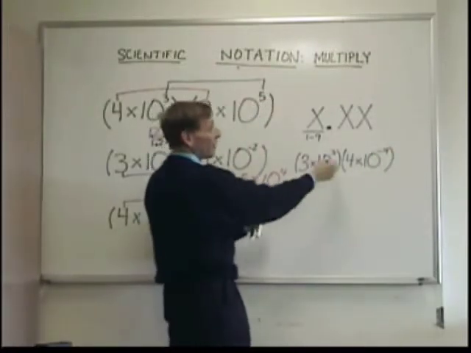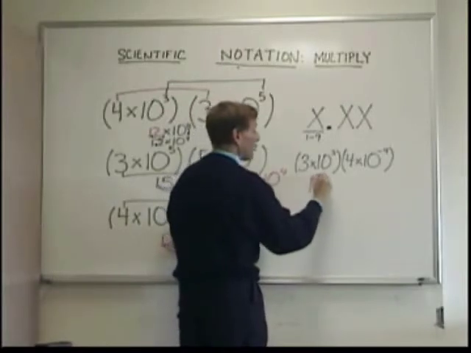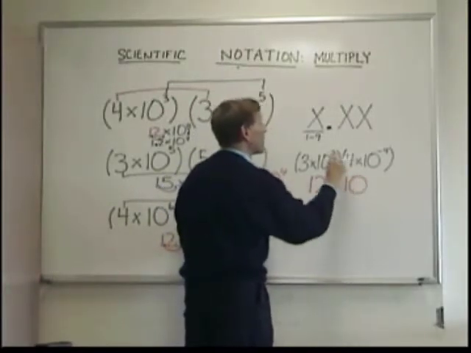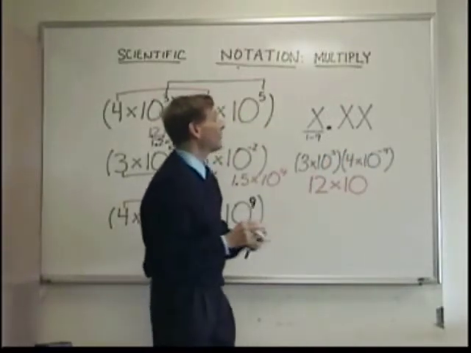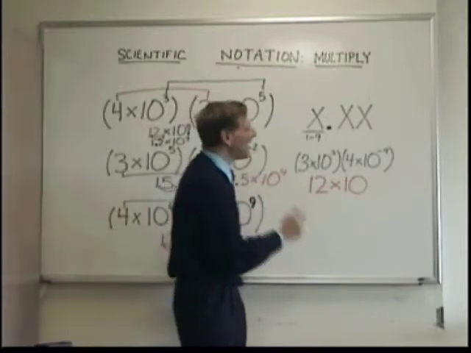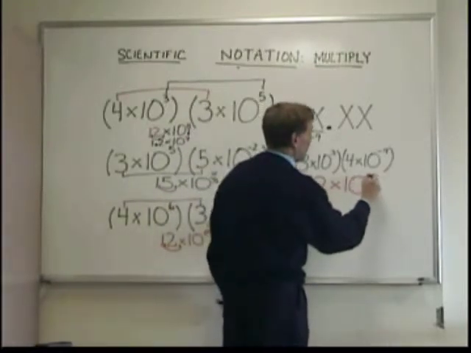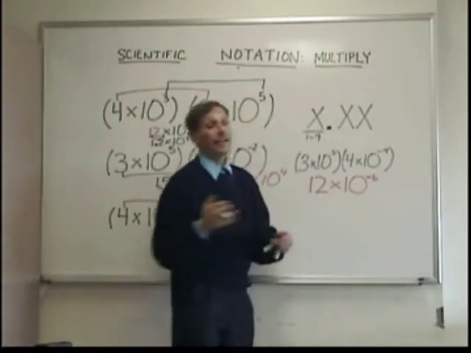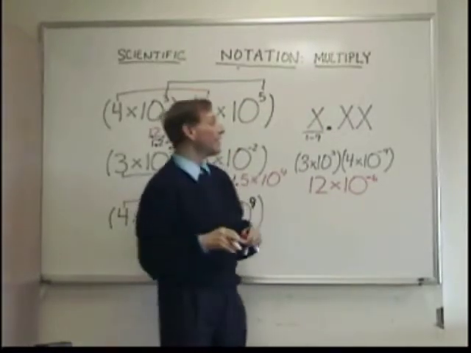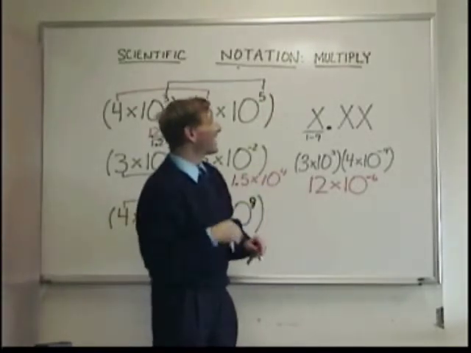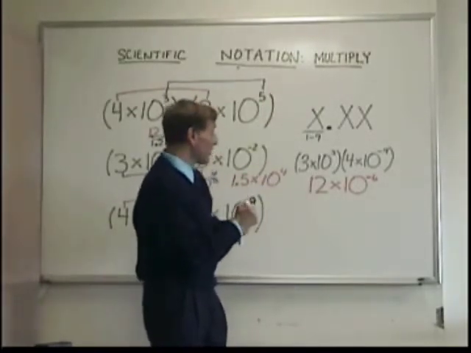Same rules. 3 times 4, 12 times 10, and 3 and negative 9th, I'm adding 3 plus a minus 9. That gives me a negative 6 because I'm adding unlike signs, and it's the same rules as adding unlike signs. And so you have 12 times 10 to the negative 6th power.